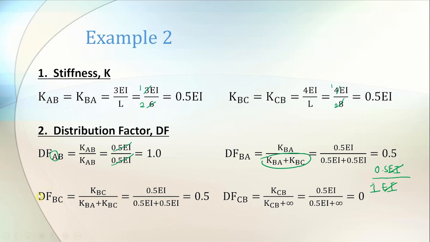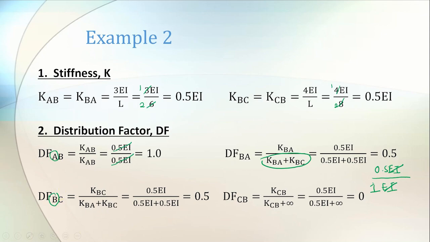For distribution factor B to C. So when B to C, the K must be KBC lah. Okay, and divide with the total stiffness of the beams yang dekat support B juga, because you look at the alphabet kat mana yang you tengah calculate the support.